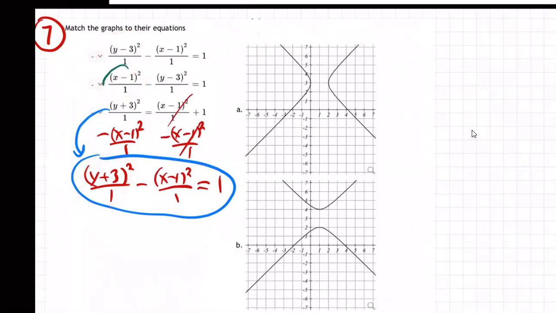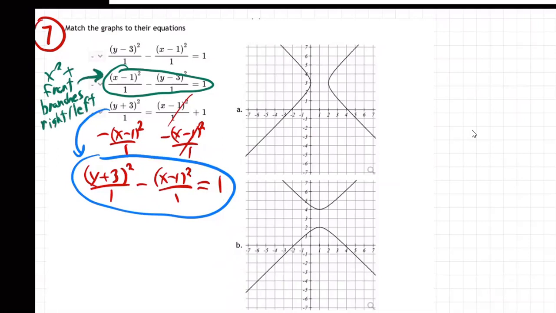So this guy right here, x squared is positive in the front. So what does that mean? The branches go right, left for this one, right? Because x squared's in the front, so the branches go right, left.